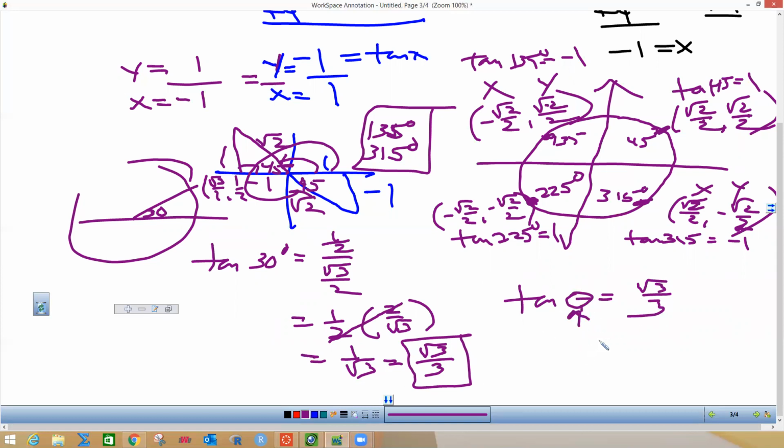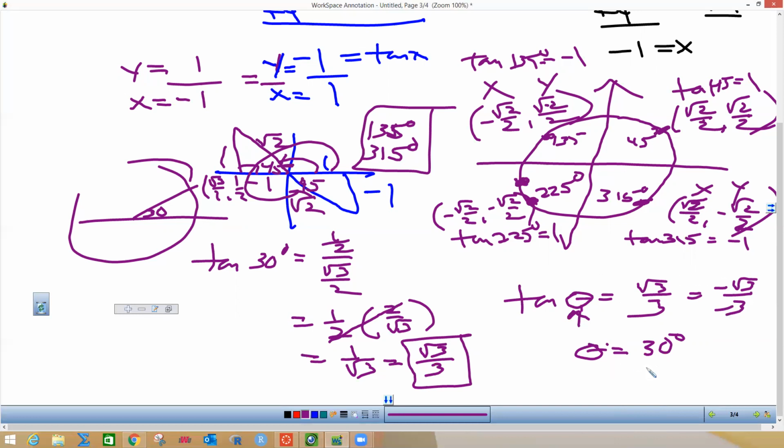One of the answers for this, if it started like this, would be theta equals 30 degrees. There is another one that works. Okay, if I made this a negative over a negative, isn't that still positive? So the other one that works is right down here in this third quadrant, where they're both negative.